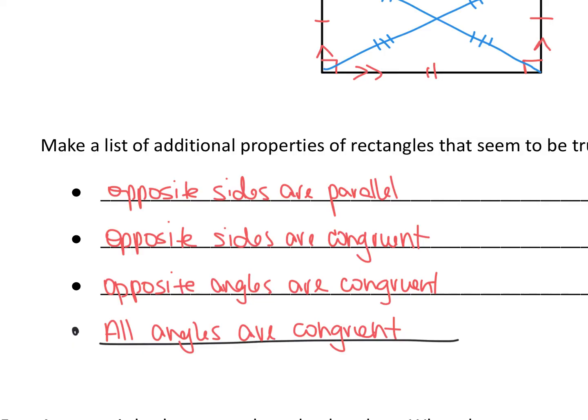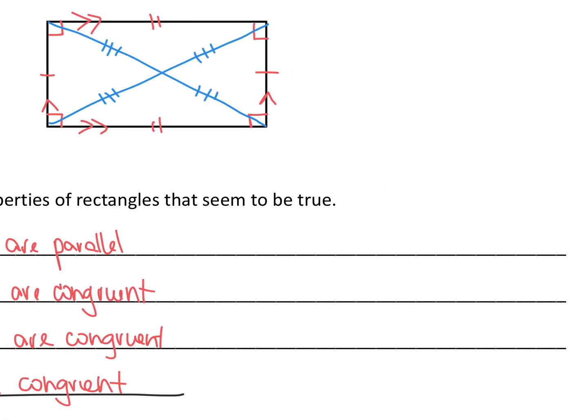Okay, let's add in our statements about the diagonals. So we saw that the diagonals are equal length, so diagonals are congruent. I'm going to just use the lines here that I didn't use up, so we'll add our two diagonal statements. So diagonals are congruent. So this is unique to a rectangle.